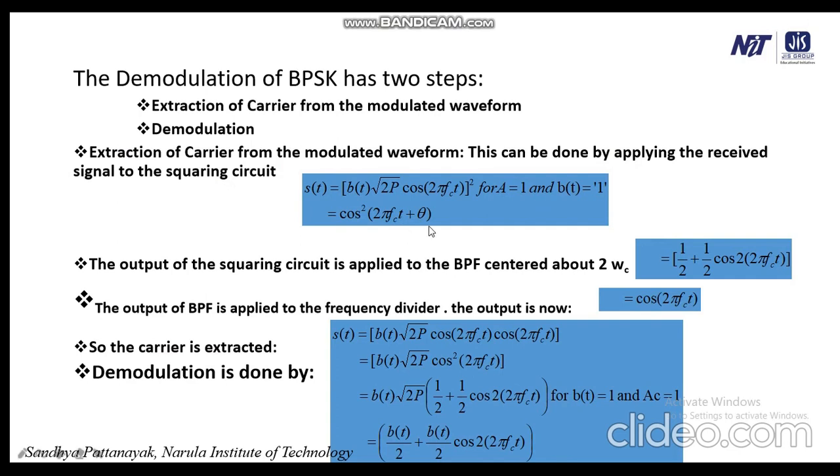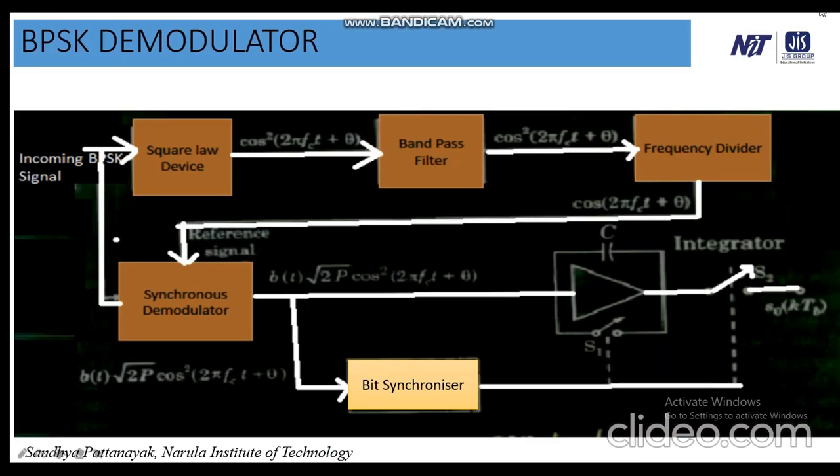Now this squaring circuit output is applied to a band pass filter centered about 2 omega c. It allows frequencies centered about 2 omega c, and the rest of the frequency terms are rejected.